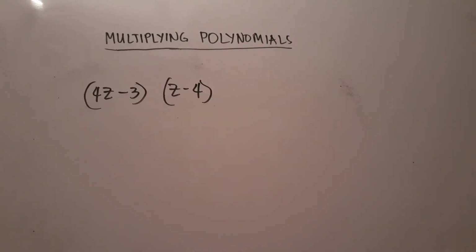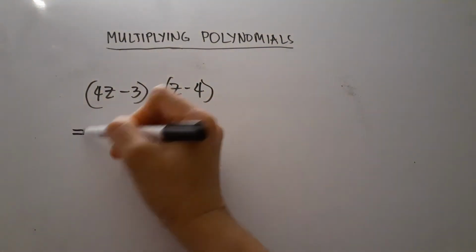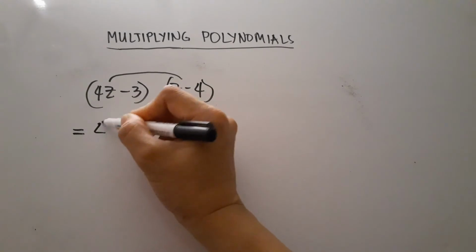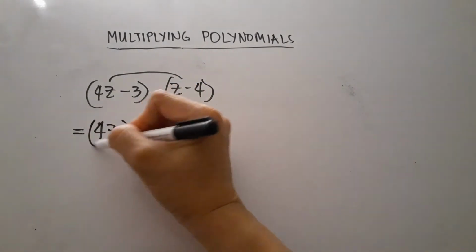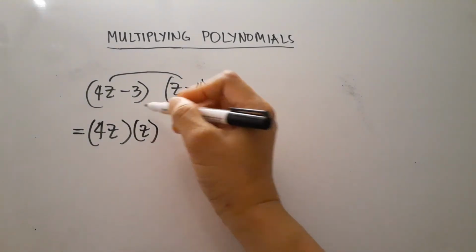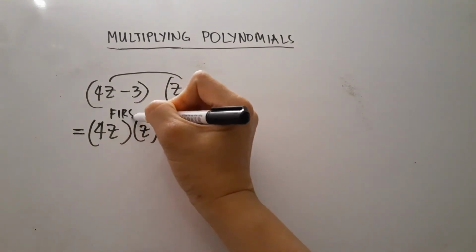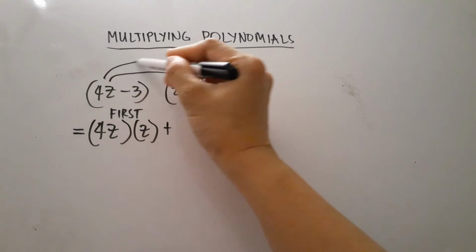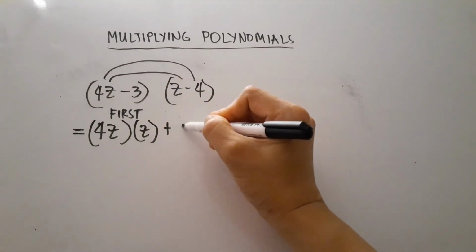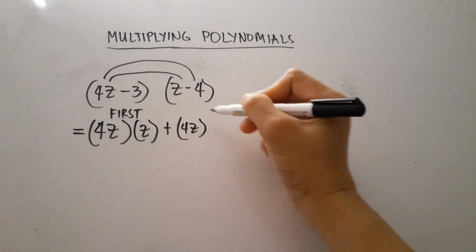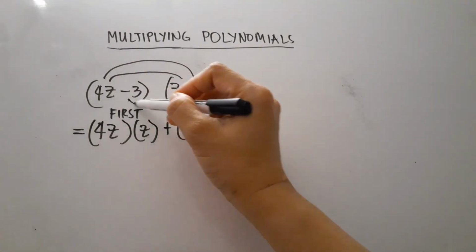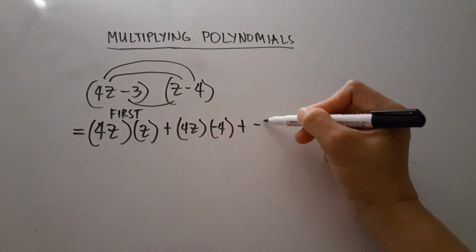And let's have another example: z plus 4 times z minus 4. Remember our FOIL method: first, outer, inner, and last. So z times z, plus the outer is 4z... The inner is negative 3 times z.